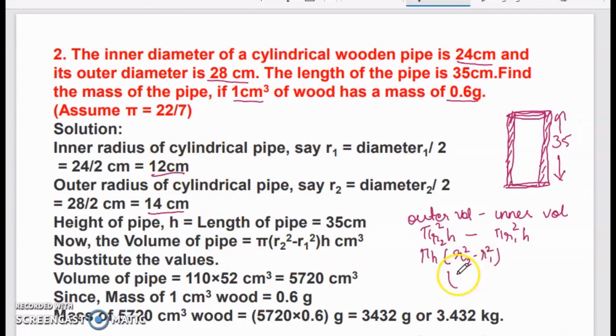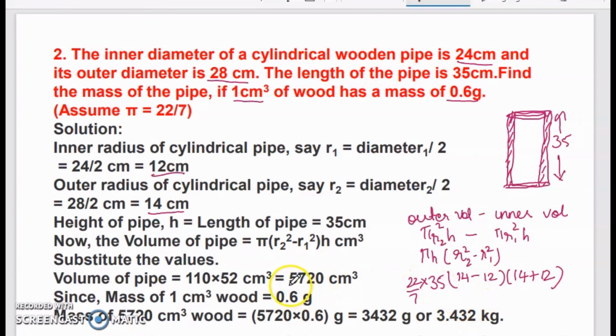So you can write it as 14 minus 12 into 14 plus 12. Pi value you have to take 22 by 7 into the height is given as 35. Then you will evaluate this. Once you evaluate, you will get the volume of the pipe.